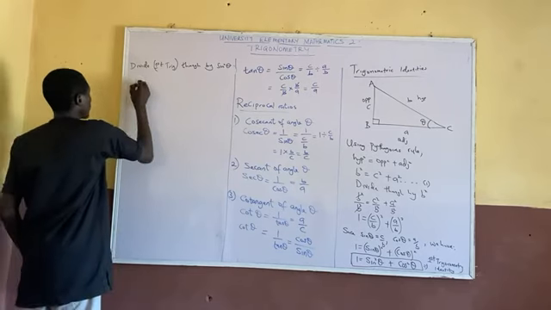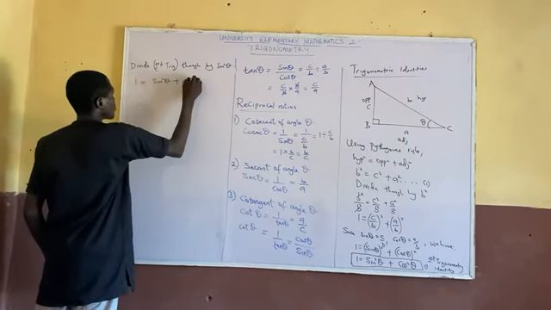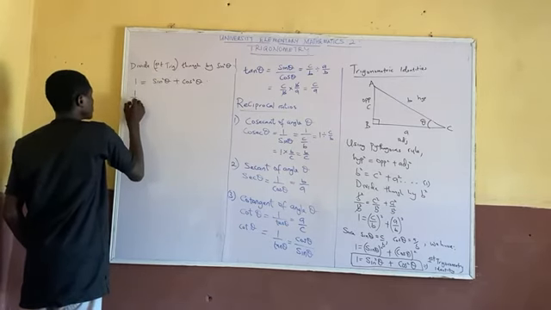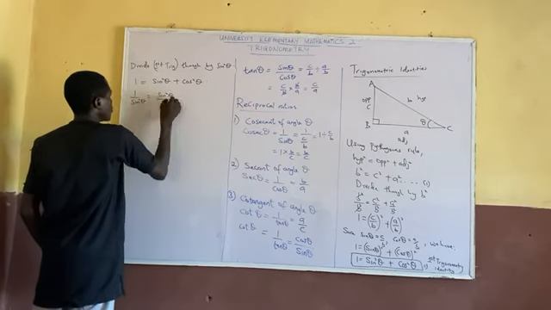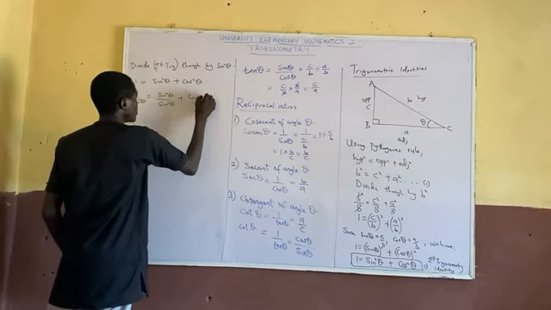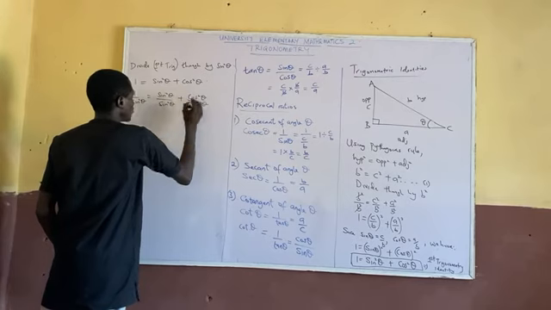So we have 1 equal to sine square theta plus cos square theta. When you divide it by sine square theta, 1 over sine square theta equals sine square theta all over sine square theta plus cos square theta all over sine square theta. Now, what will this give us?